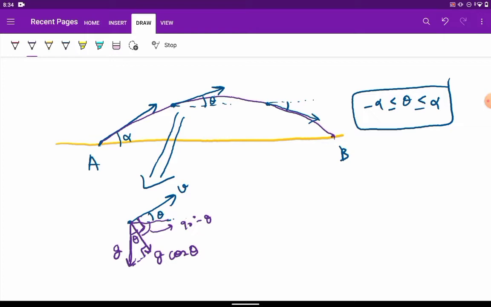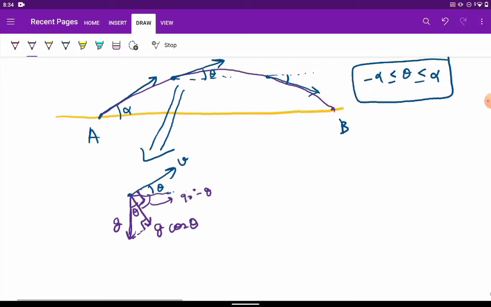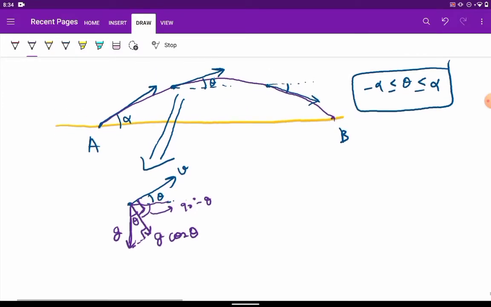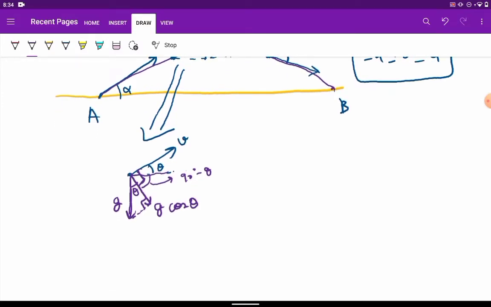So basically this is between minus 90 degrees and plus 90 degrees. So cos of that angle is always positive, right? So this is directly the modulus, because it's always positive. This is the normal component.